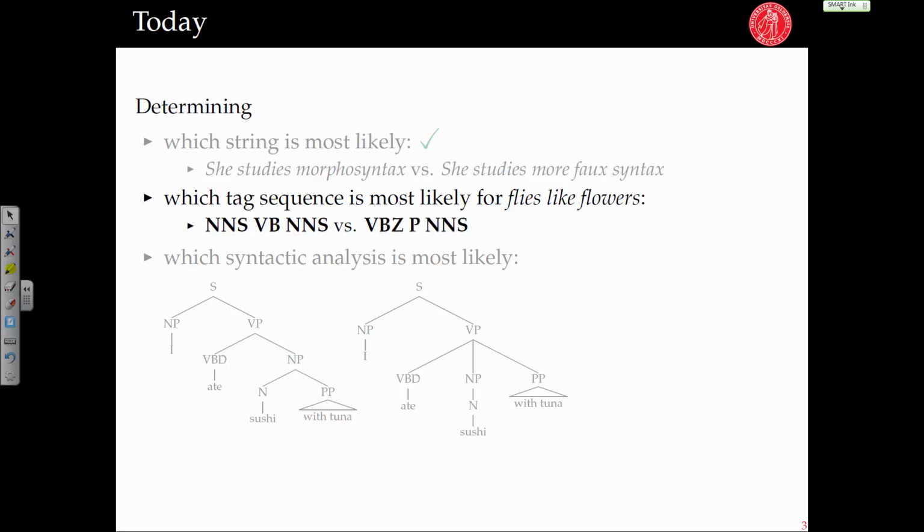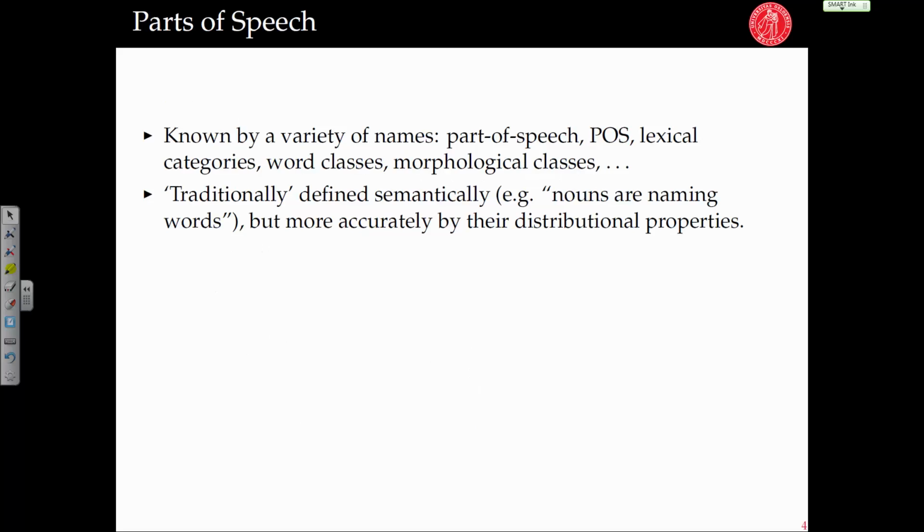And since we will be saying this part of speech tag so many times, we will start with a short and brief linguistic introduction to what part of speech tags are. Probably all of you know it, but maybe don't know that it goes by this name. Part of speech tags, as I just said, this concept has so many names.